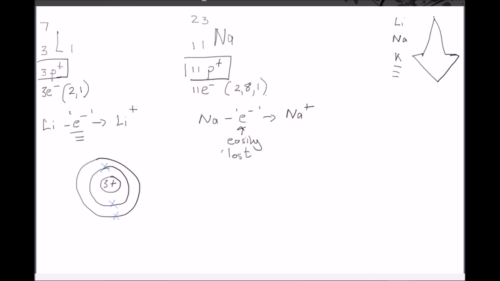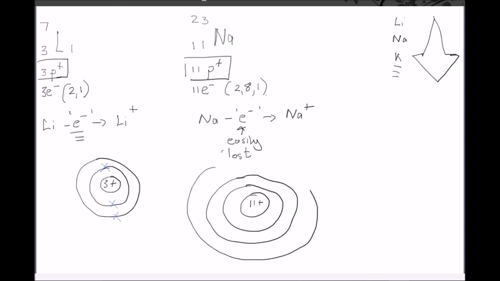Okay, and then if we have a look at the same for the sodium, where we have this time 11 positives, but then we have 1, 2, excuse my wobbly artwork at this stage, but okay, so we have an arrangement as so, and then we have 2, 8, I'll just draw our electrons in here, and the final electron is here.